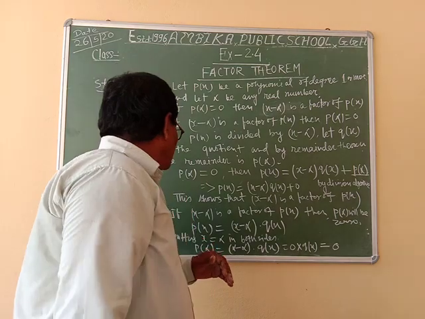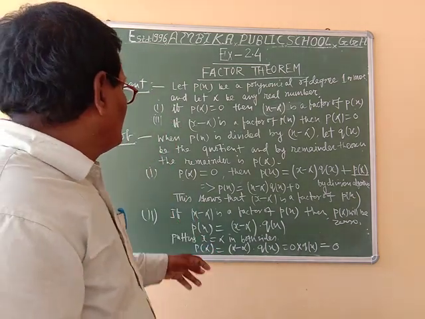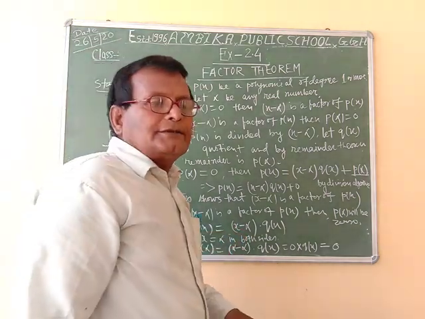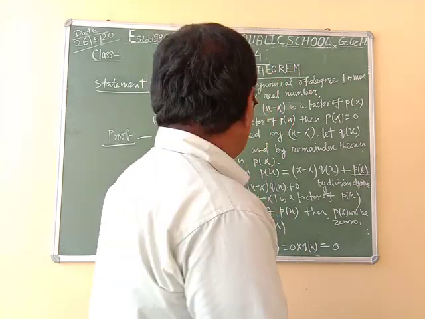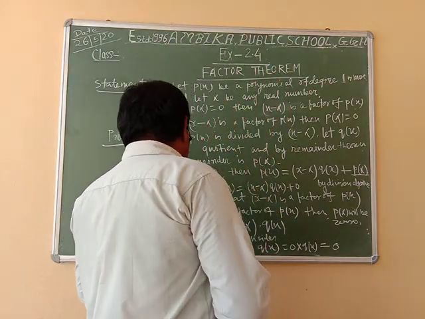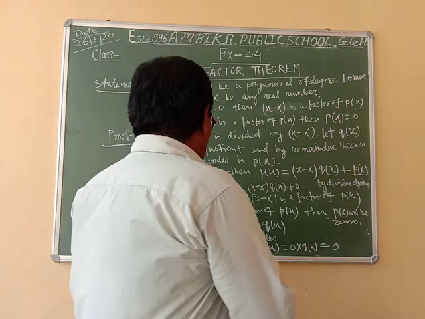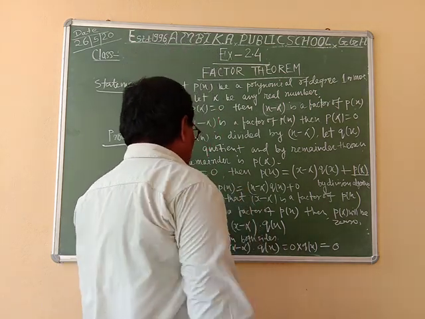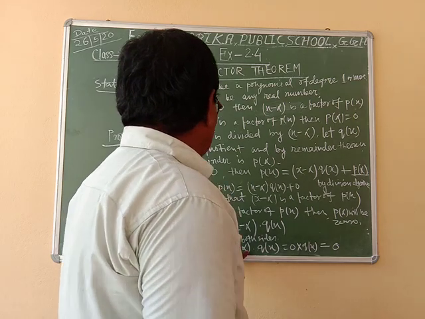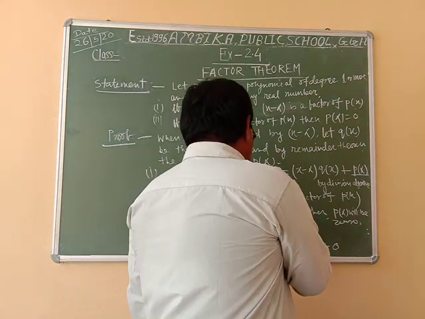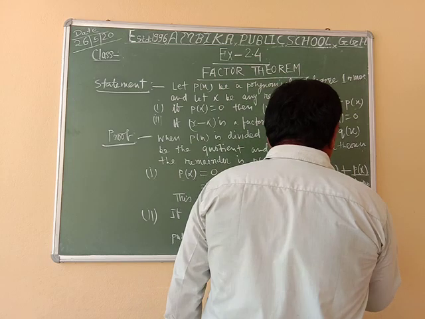So putting x equal to alpha on both sides, P alpha = alpha minus alpha into Qx = 0 into Qx = 0.